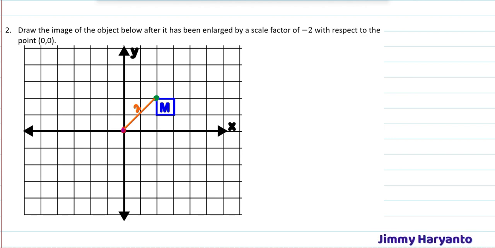That means you will go there, yeah. The length of the line has to be twice as long as the first because the scale factor is 2. It means it will be that long. So the image for the green point will be right there.